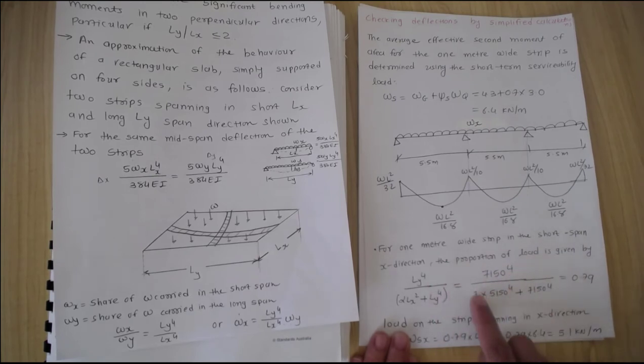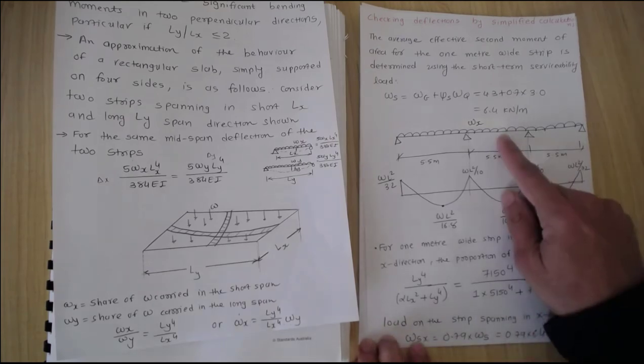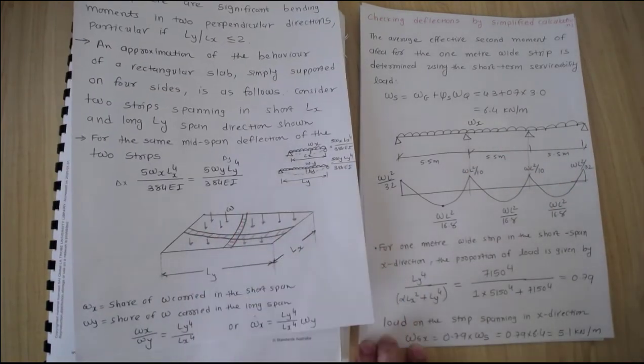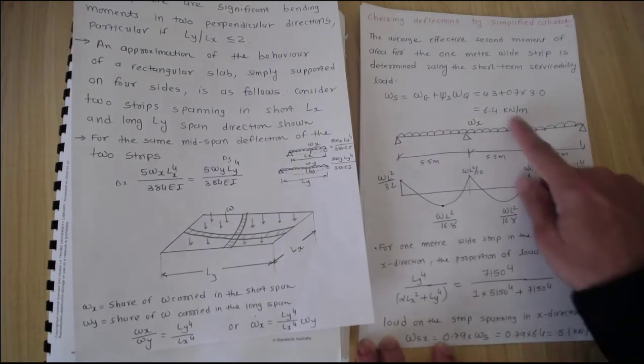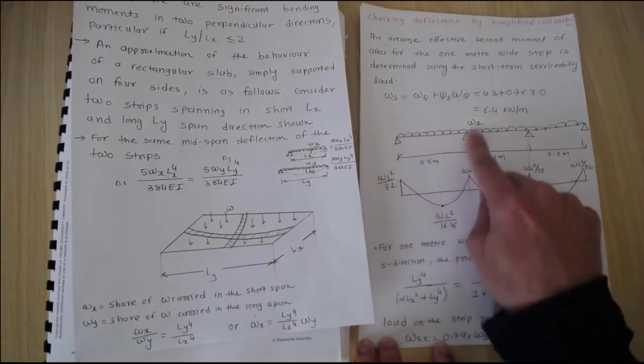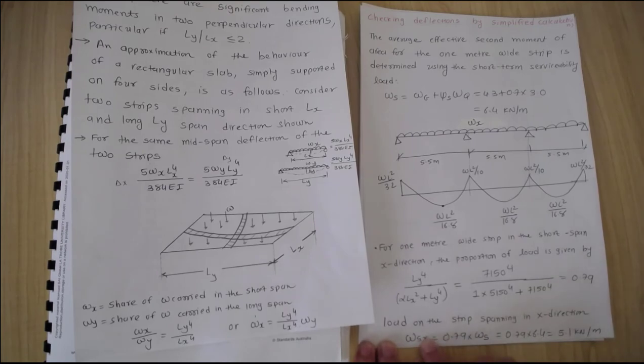So 7150 to the power 4 over 1 times 5150 to the power 4 plus 7150 to the power 4 gives me 0.79. In that case, the amount of load carried by this X strip, the short strip, would be 0.79, around 79% of this 6.4, which is 5.1 kilonewton per meter. So I would say that this Wx is 5.1 kilonewton per meter, and s stands for serviceability.